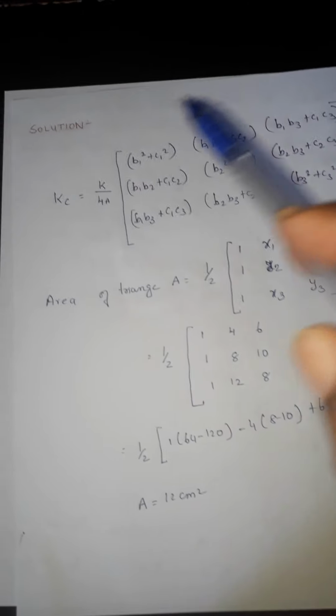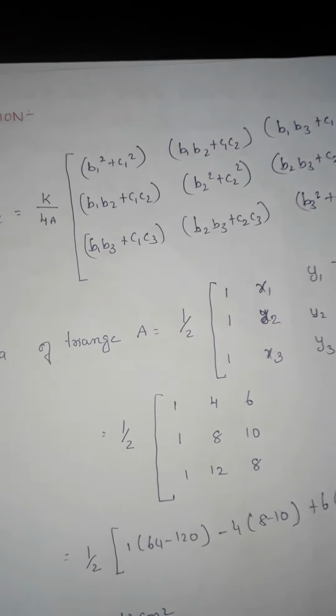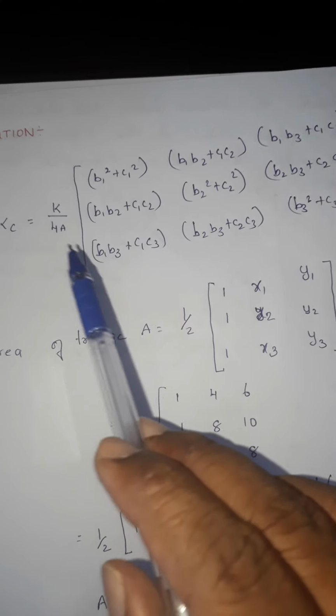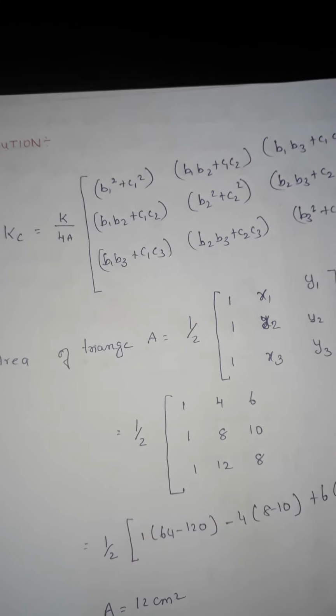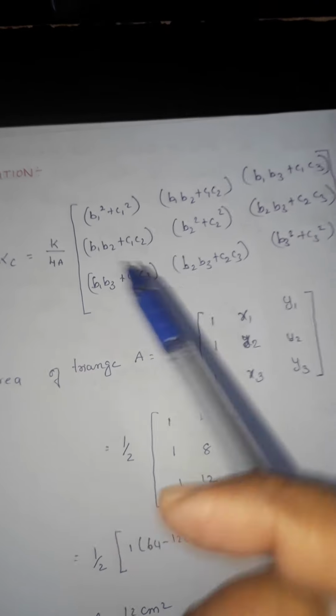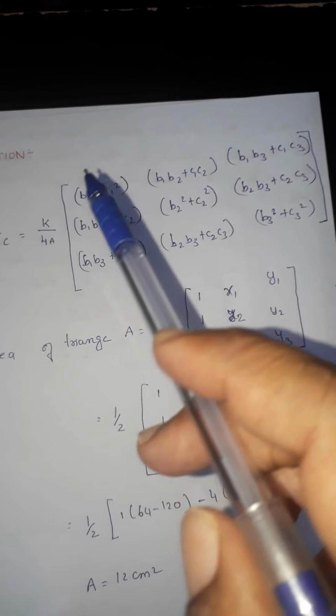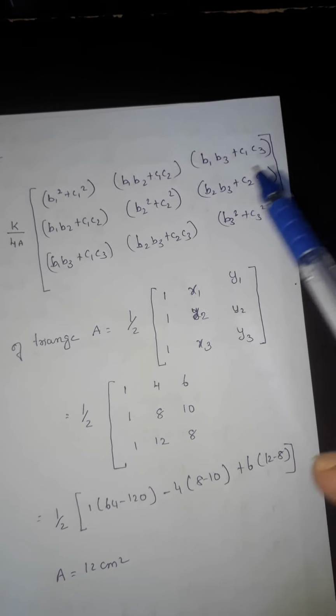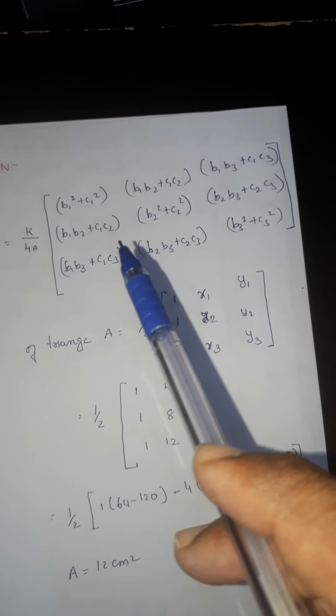Now we will go into the conduction matrix, the stiffness matrix for the conduction. So this is K by 4A, that is stiffness. K is given, 4A is given, the area is given. So B1 square plus C1 square, B1 B2 plus C1 C2, B1 B3 plus C1 C3. Here B1 B2 C1 C2, B2 C2.